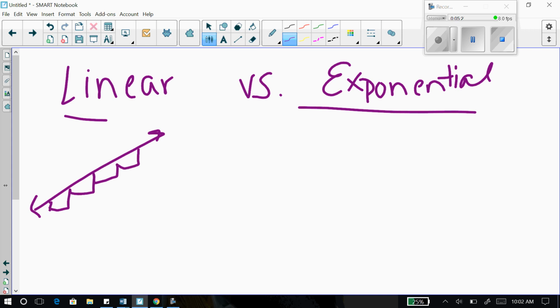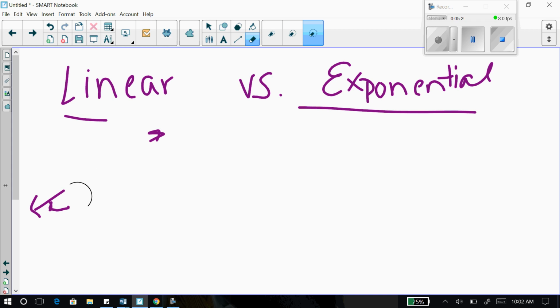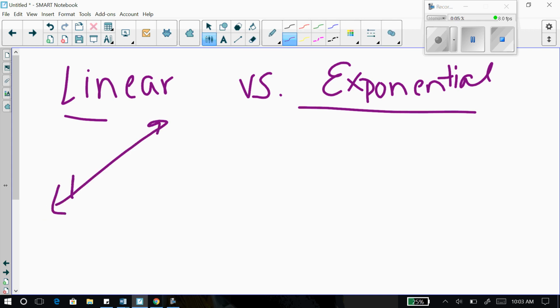We're going to go up 1 over 1, up 1 over 1, up 1 over 1. So same amount every time. Linear, you add or subtract to get to your next value. And we're going to look at some tables and see what that means.